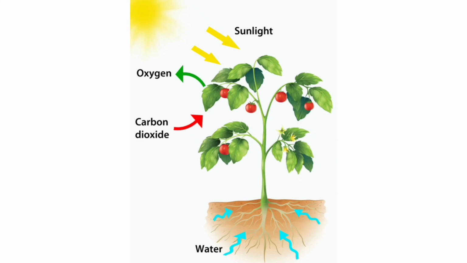They take in carbon dioxide and give us fresh oxygen. They purify air and water. They give us medicines. They give us wood for making furniture and building houses. And they give us food to eat, such as fruits and vegetables.